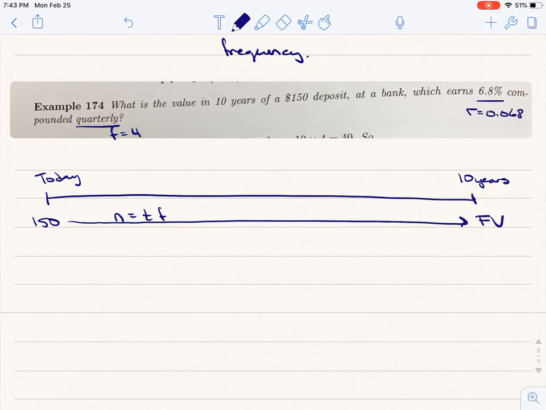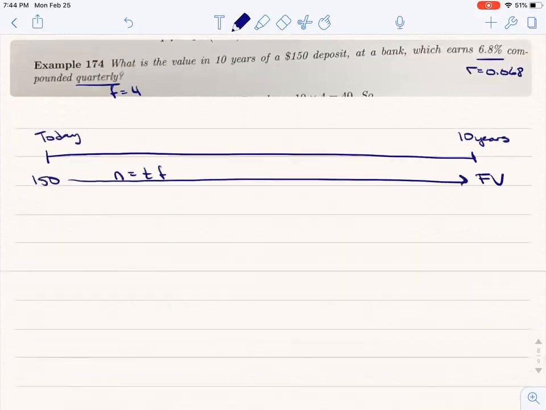So just like I said, these questions will give you the annual rate, and then we have to find the periodic interest rate. So R is still 0.068, and F is 4. And so here, between today and 10 years, time is 10. That's fine. 10 times 4. We've got 40 compoundings. So now we've got N is 40.